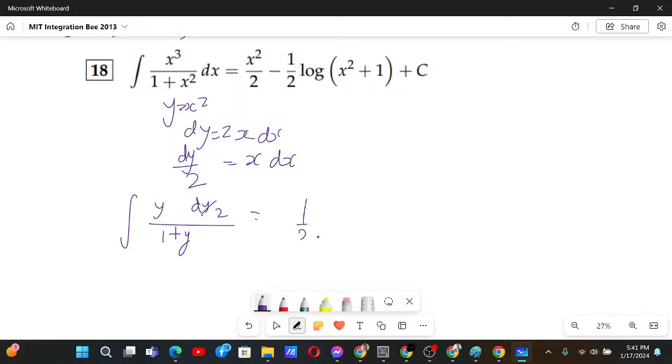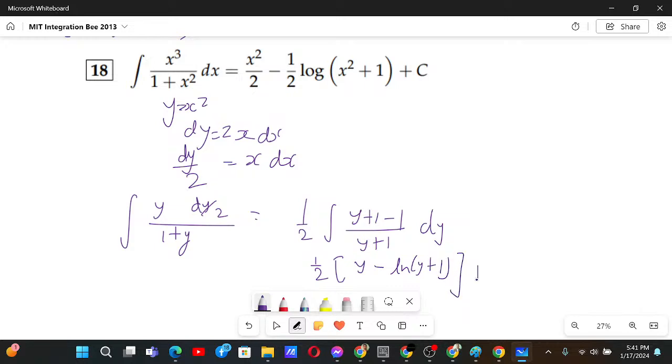Now this can be made as y plus 1 minus 1 dy. Now this will be 1 by 2. Integral of 1 is y, minus integral is ln of y plus 1, plus c. Now y is x square. So we have 1 by 2 x square minus ln of 1 plus x square, plus c.